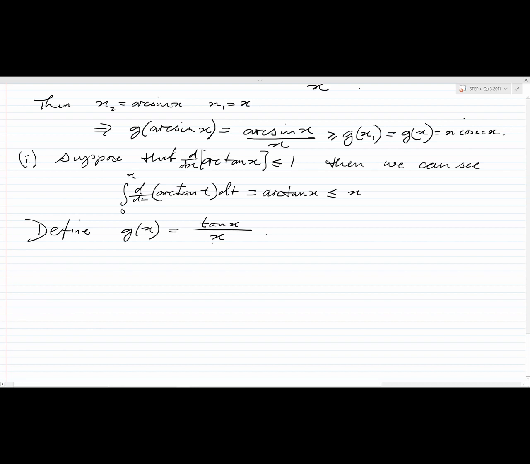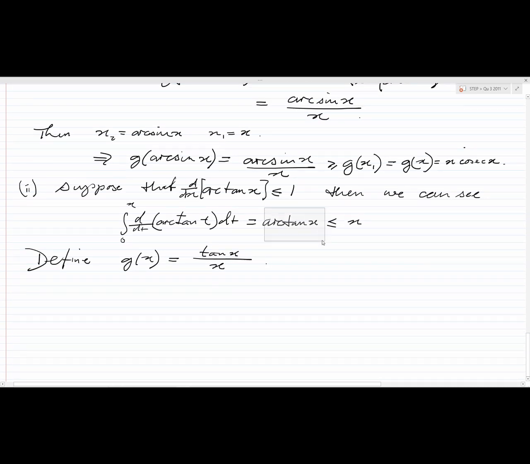And if we can show that this function is increasing, then if we put in our inequality here, we get that g of x2 is greater than g of x1, where x1 here will be arctan x, and x2 will be just x. And if we can show that this, when we compose it with arctan x, is exactly going to be x over arctan x, then maybe we'll be done.